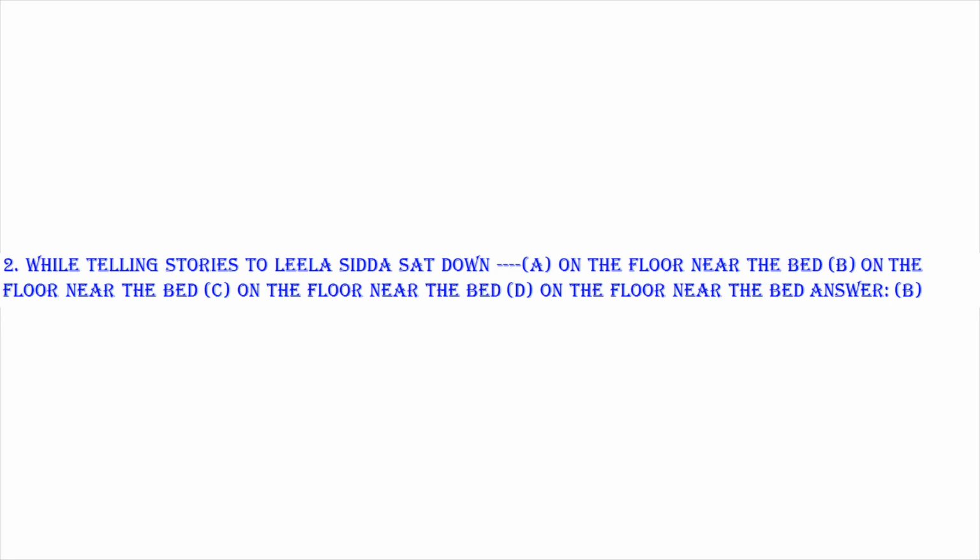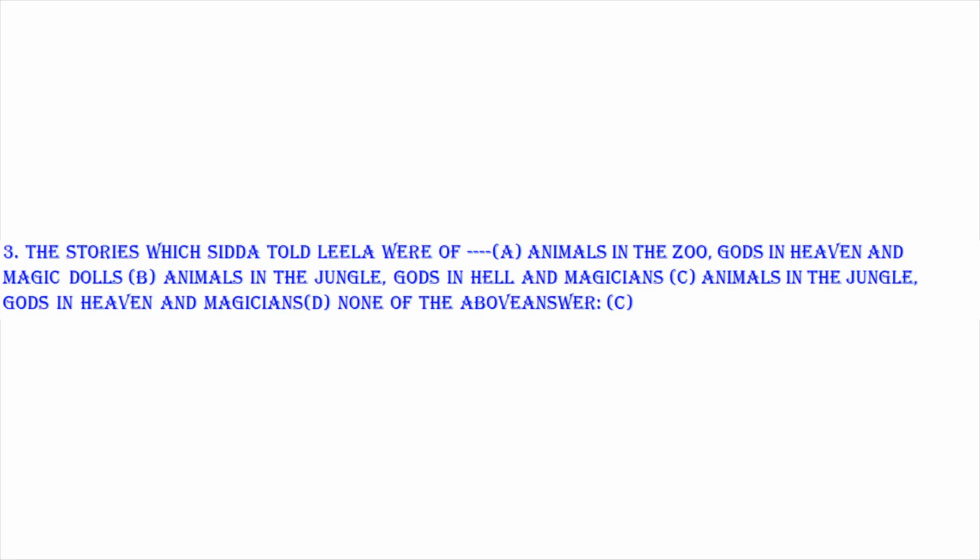3. The stories which Siddha told Leela were of: A. Animals in the zoo, gods in heaven and magic dolls, B. Animals in the jungle, gods in hell and magicians, C. Animals in the jungle, gods in heaven and magicians, D. None of the above. Answer, C. 4.